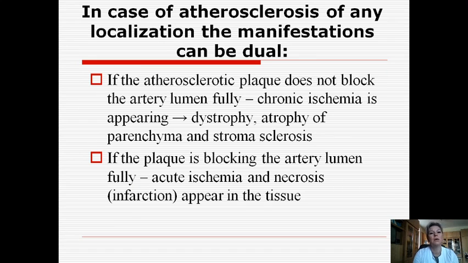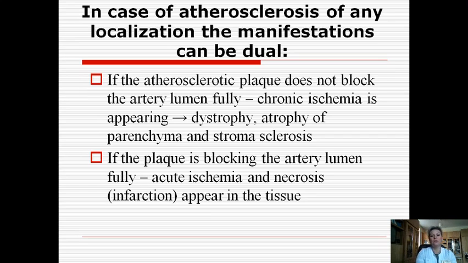But before that I want to describe that in case of atherosclerosis of any localization, the manifestation can be dual. If the atherosclerotic plaque does not block the artery lumen fully, we see partial blockation. As a result, we see chronic ischemia in the organ, and as a result, atrophy in the parenchyma and sclerosis in the stroma.